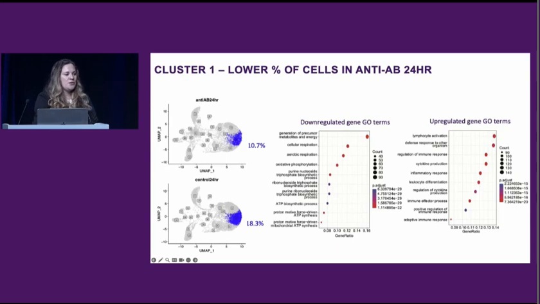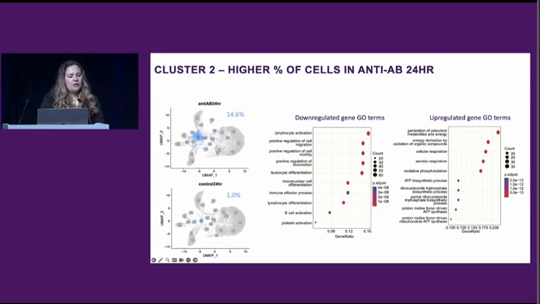Cluster 1, which was very similarly located on the UMAP, showed very similar results, where there was a downregulation of the cellular metabolism and upregulation of these immune responses. And I remind you that those were heavily favored in the control IgG group as opposed to the anti-A beta group.